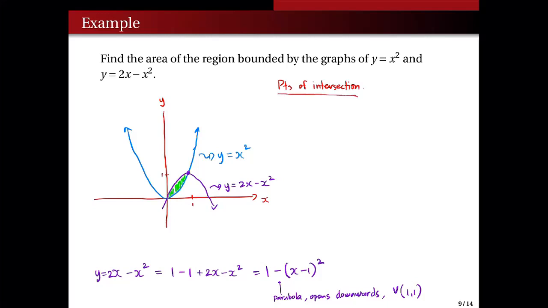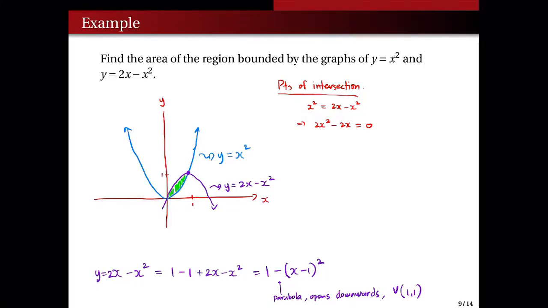All you need to do is to equate them and then solve for x. You have x squared equal to 2x minus x squared. Or you can rewrite this as 2x squared minus 2x equals 0. You bring these two terms from the right-hand side to the left-hand side.